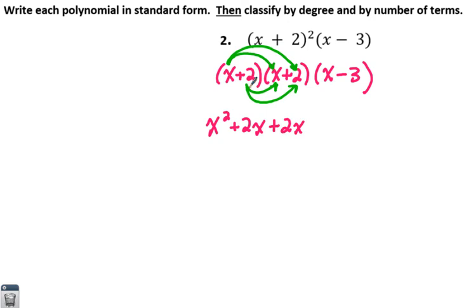And then 2 times 2 is 4. This will simplify a little bit because these two terms are alike and they combine. And so that's what I get when I multiply these two bubbles together. But there's also this bubble.